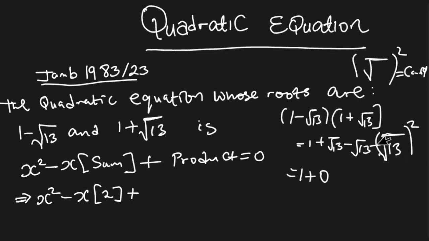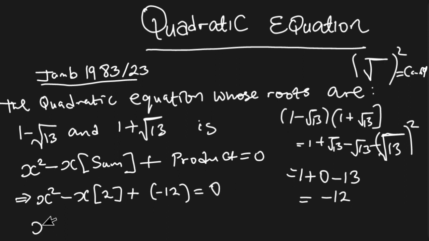So this place will be 13 remaining, because the square and the root cancel out, and it will be minus because it's minus outside. So from here we evaluate, we'll have 1 plus 0 still 1 minus 13, that becomes minus 12, right?